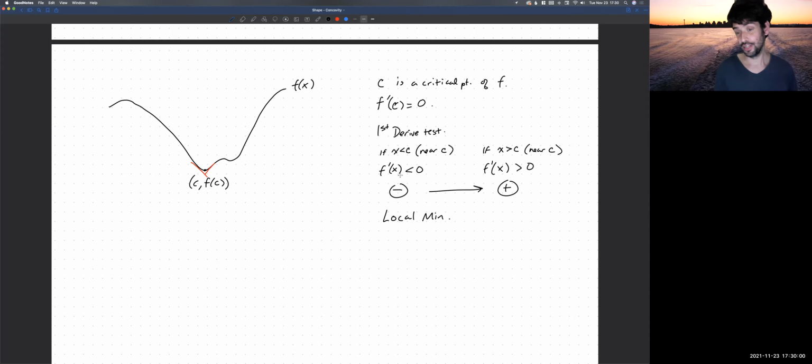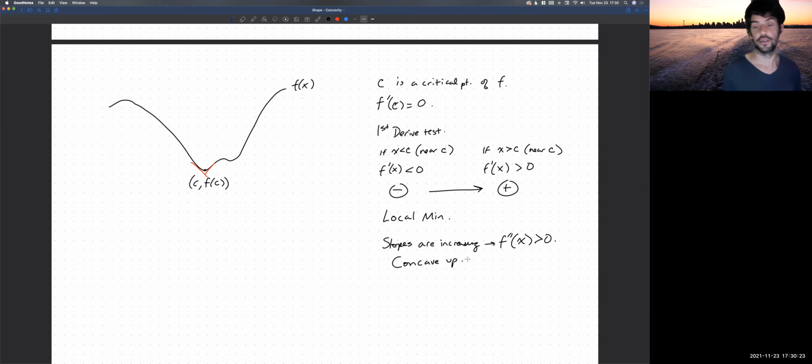But if we're going from negative to positive slopes, it must mean that the slopes of the tangent line are increasing, which we just decided meant the second derivative is positive, which means we're concave up, right?